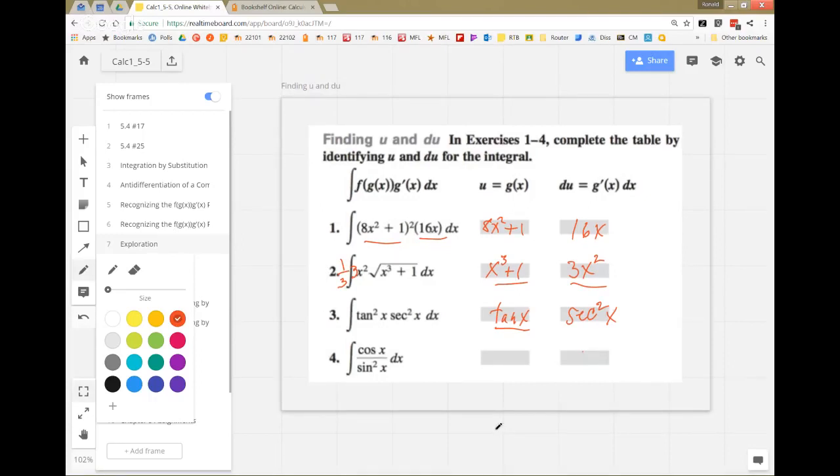So if you were going to integrate this, here's your u, and this is your du. So what you have here is u squared du. And now you can integrate, then you can come back. Anyway, you don't have to do that, but I'm just getting you into that mode.